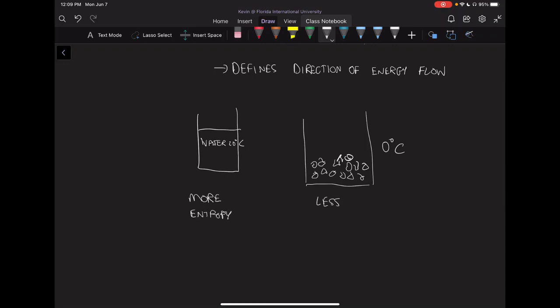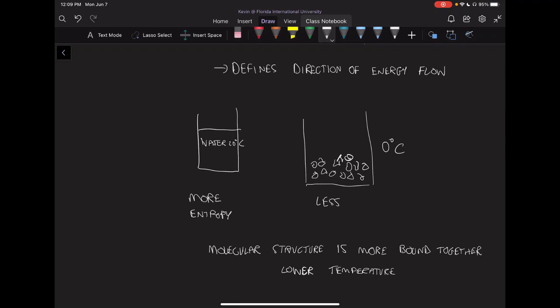What we can say about ice and water is that for ice, the molecular structure is more bound together, and we also know from this that we have a lower temperature. This is how we can look at temperature at a molecular level: if things are closer together, they're usually at a lower temperature.